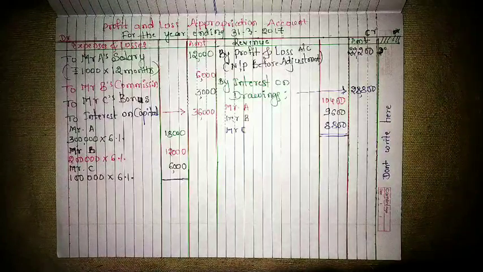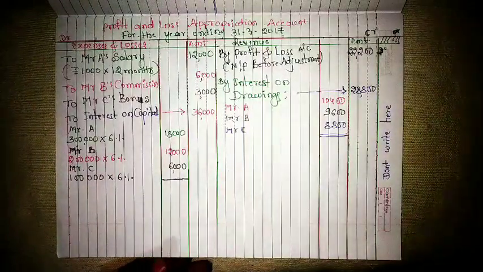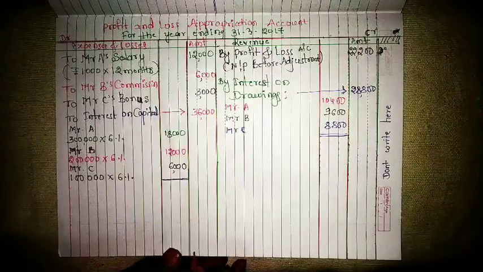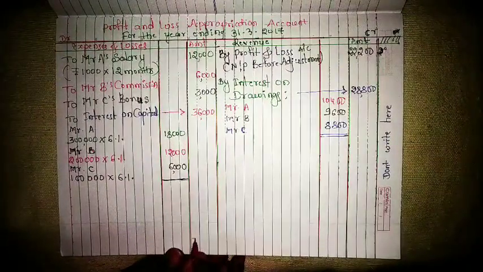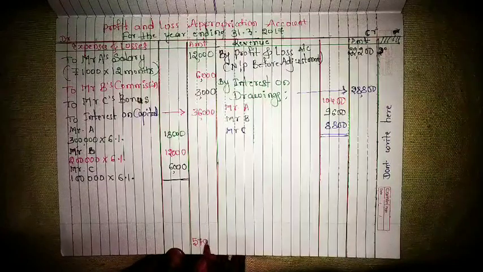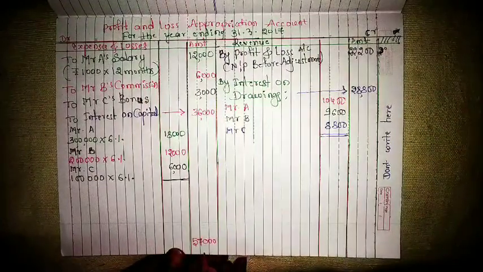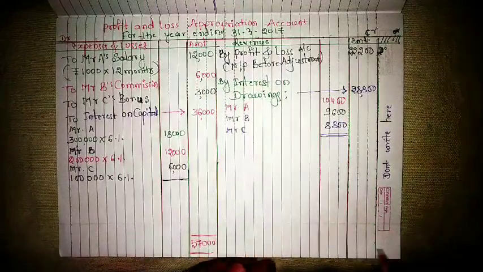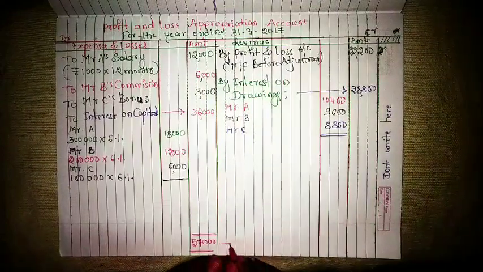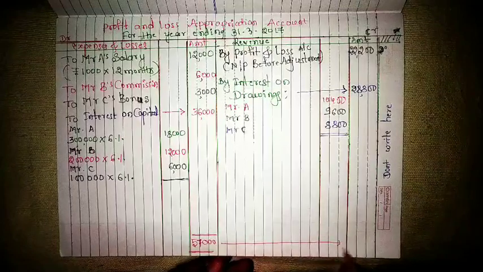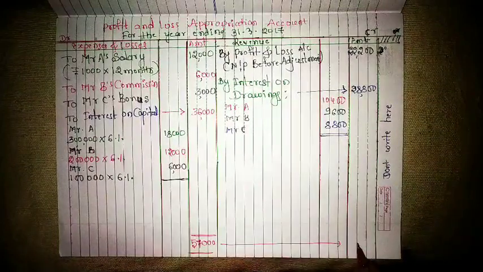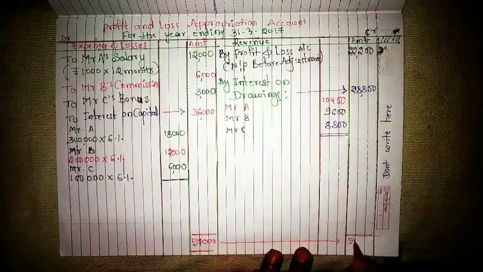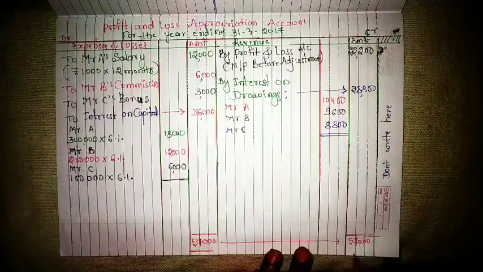The total becomes 57,000. Right here, 57,000. Draw the line. Write the same amount on the credit side. 57,000.